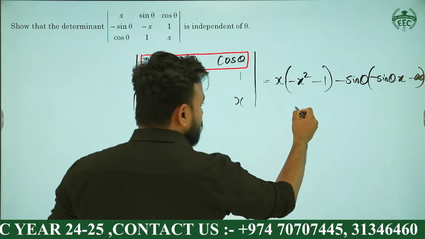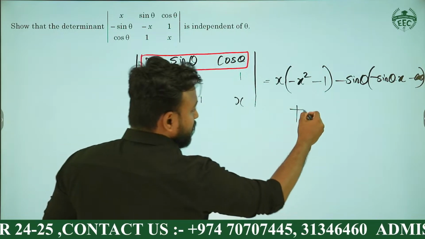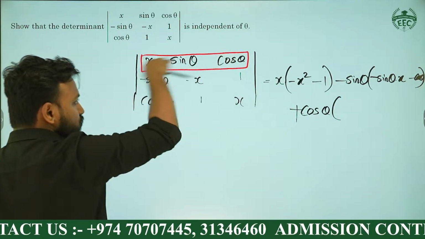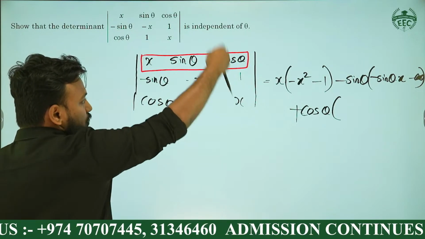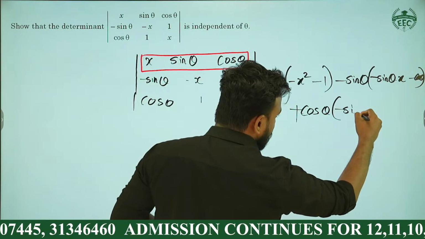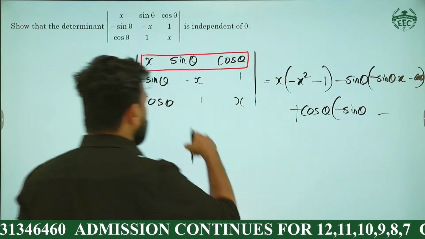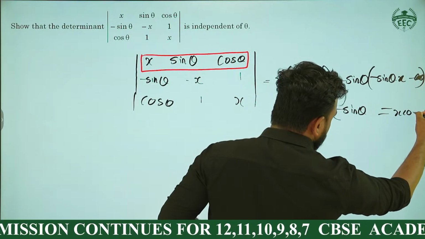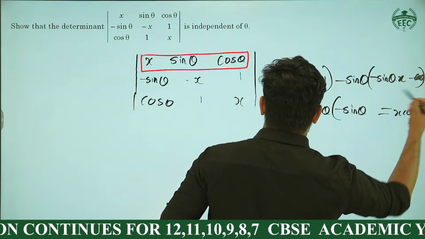After that, plus what? Cos theta into, eliminating these two columns and rows, minus sine theta into 1 become what? Minus sine theta, minus x into cos theta become minus x cos theta. That's all.